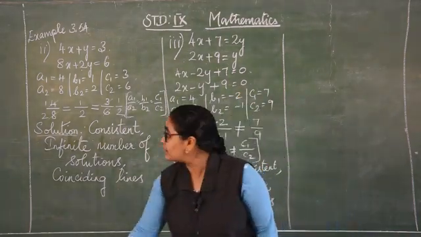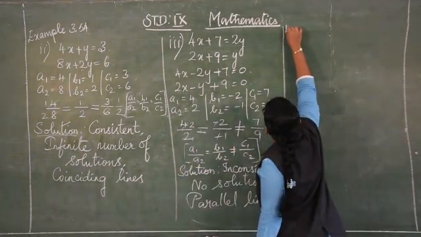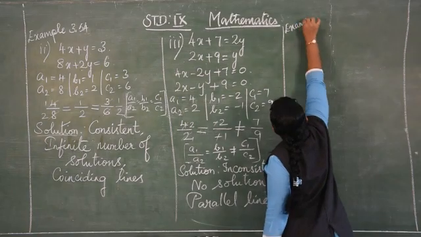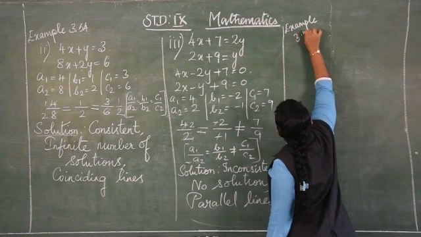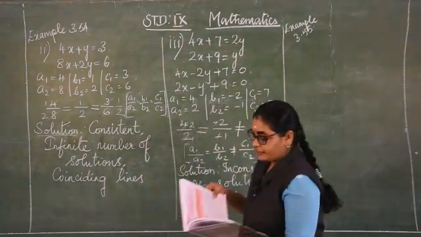Now your example 3.55. Find the value of k.